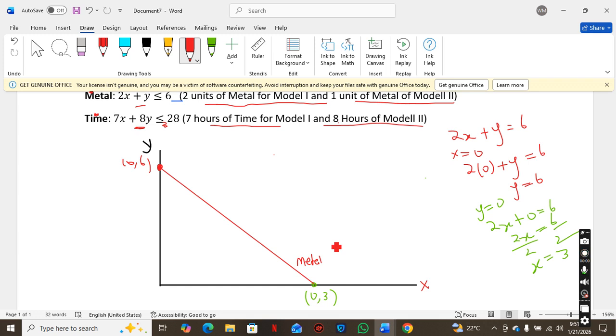Okay, so we deal with this equation here. 7x plus 8y equals 28. Okay, so you're going to say again, when x equals 0, so we're spending no time on model 1.